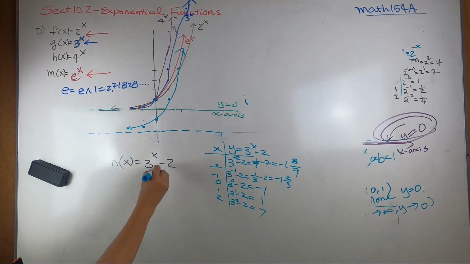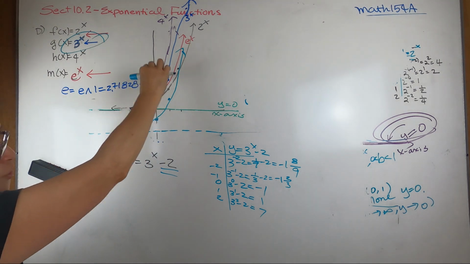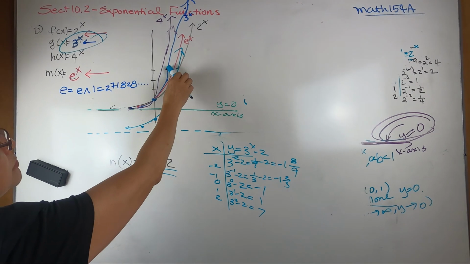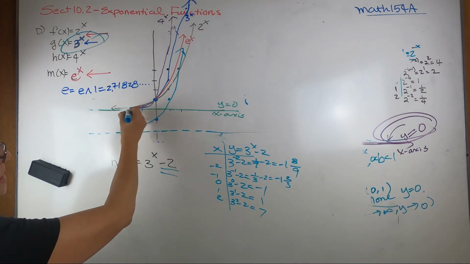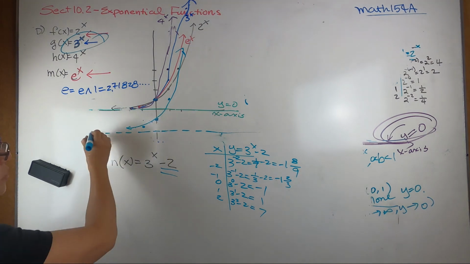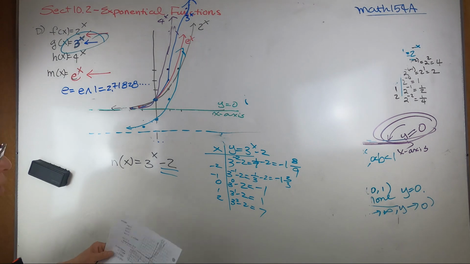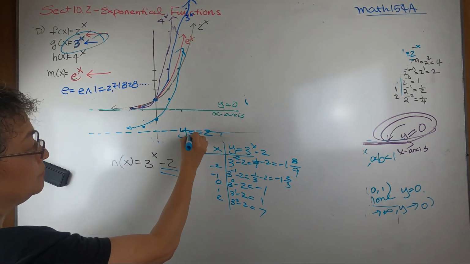So what happened? It's like 3^x, but it shifts down 2 units. Everything, the blue line to here. But it will never touch this line. You shift down 2, so this line is y equals -2.